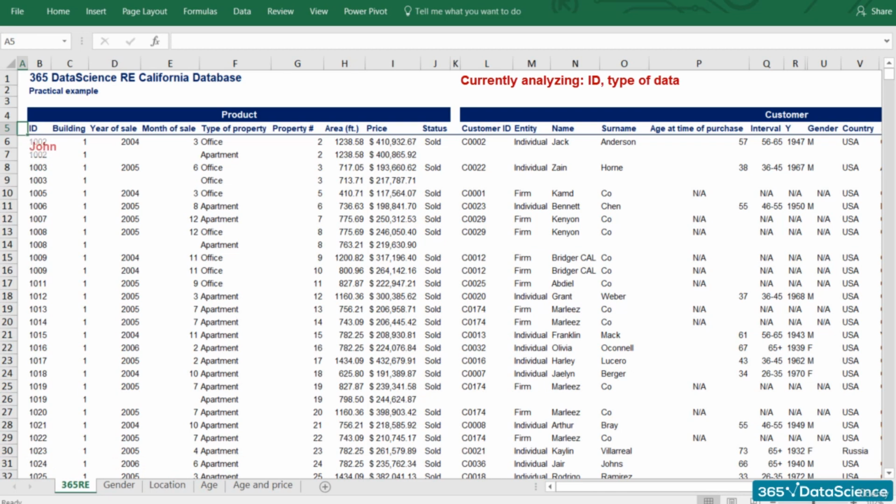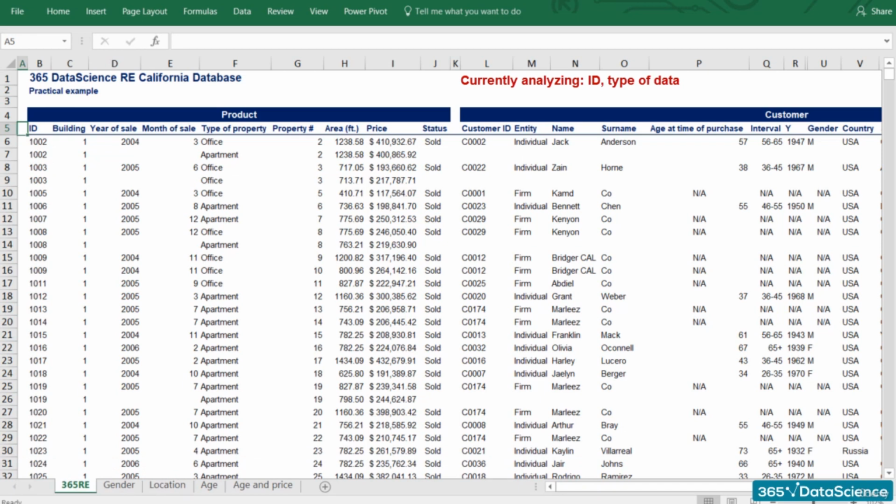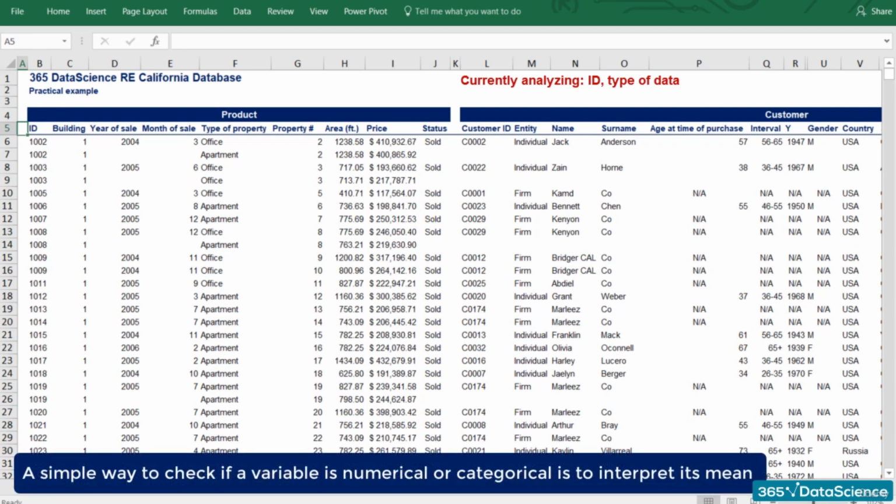What if we use names like John, John 2, John 3, and so on until John N? The meaning would not change. ID variables are like names that we assign to different products. However, it is much easier to use numbers as, unlike names, we have an infinite number of numbers. A simple way to check if a variable is numerical or categorical is to interpret its mean.